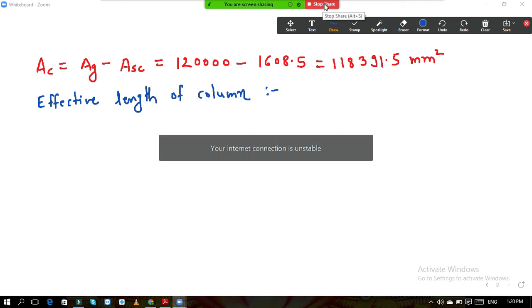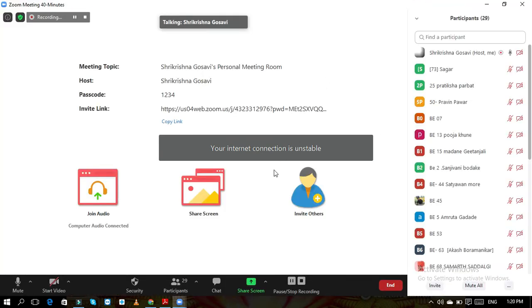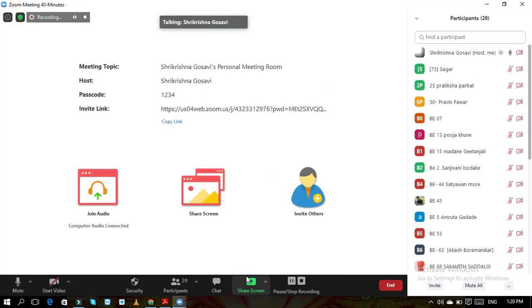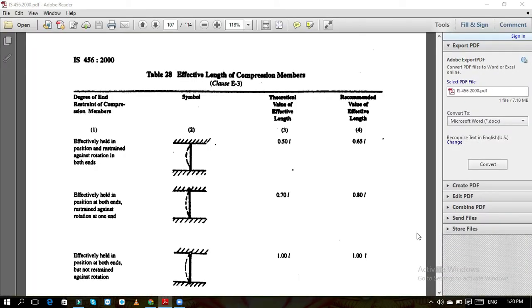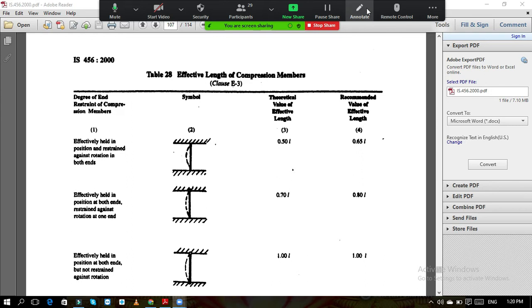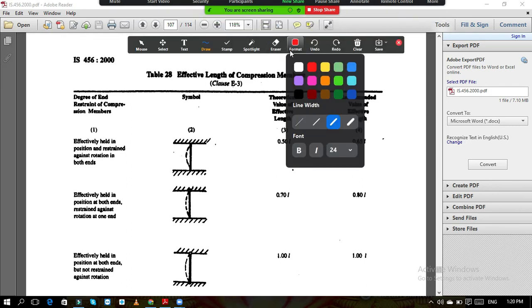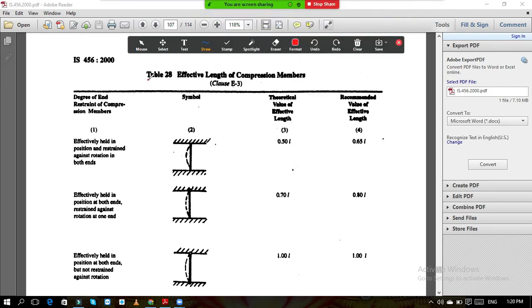So here we will go to the IS code now. See here, table number 28, effective length of compression member.